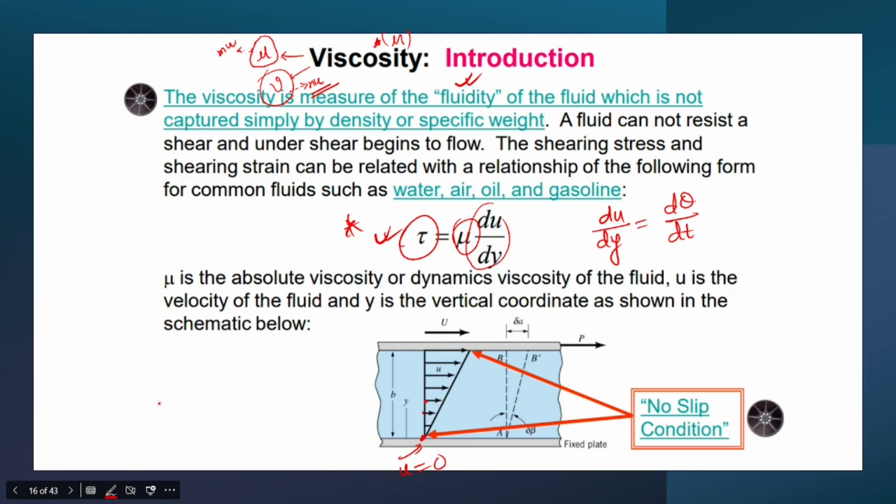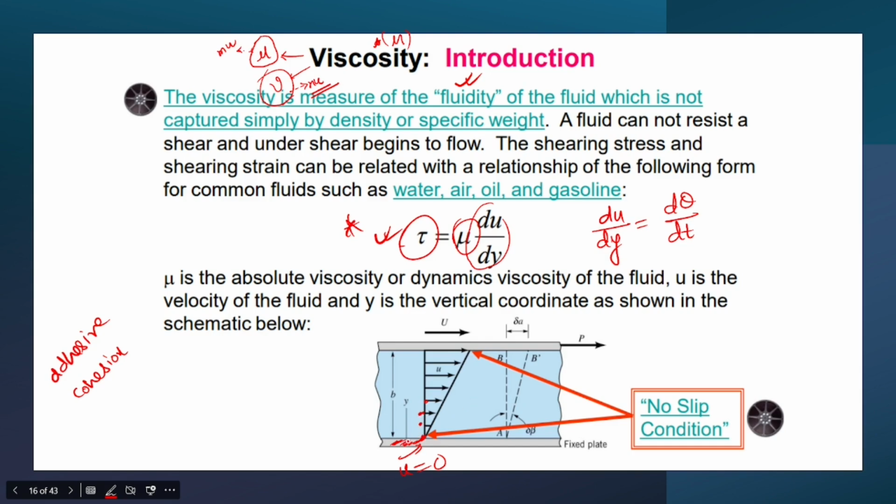You may have heard about two forces. One is adhesive force, and the other is cohesion. The adhesive force will be between this pipe and the fluid particle. If you consider this fluid particle and the one above it, there will be a cohesion force between them.